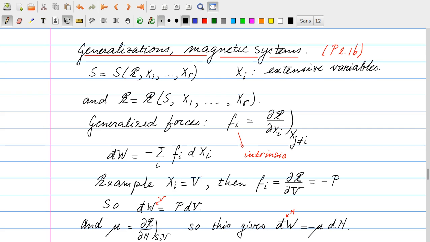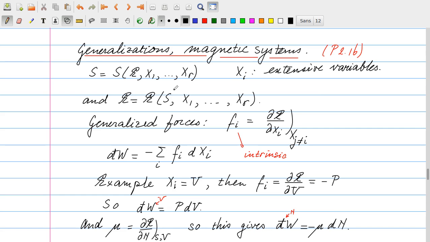And always, in general, we can write the entropy as a function first of all of the energy. So the energy is always an argument of the entropy, and the other extensive variables can be the number of particles of species 1 or species 2, and we will shortly see how that looks in the case of a magnetic system, which is completely different.